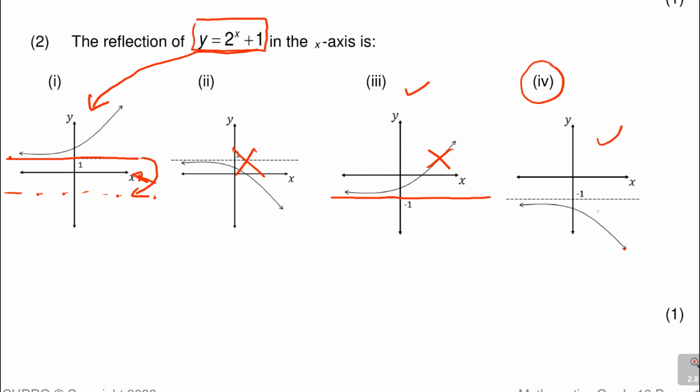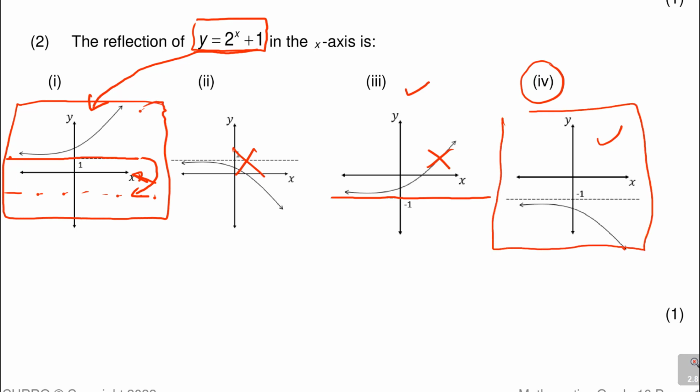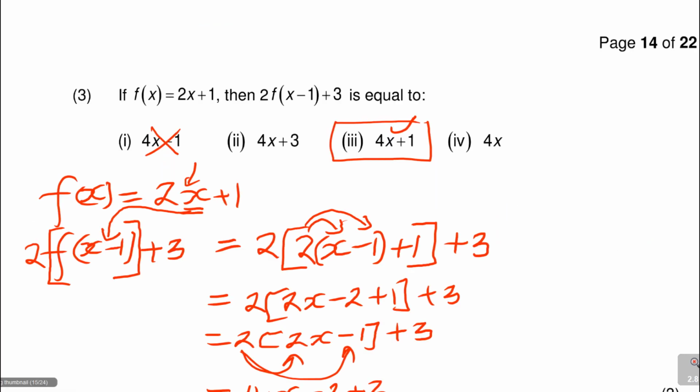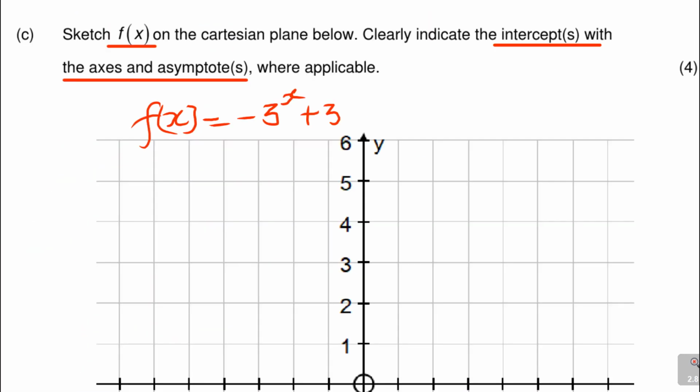In as much as the x-axis didn't change, what was changing was the y. You see that the y was becoming negative. This was the original graph, but now the values of y also changed to give this graph, meaning y became negative. Are you getting that? So now when you look at this graph, what are you deducing from it? First of all, this positive 3 is the asymptote.